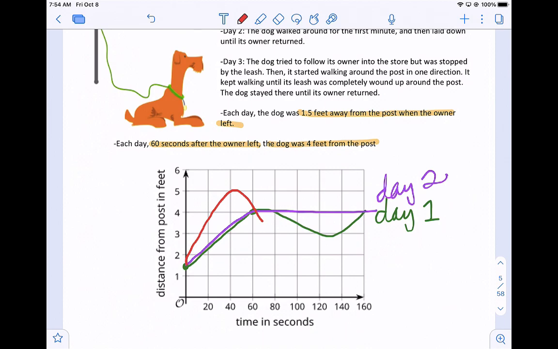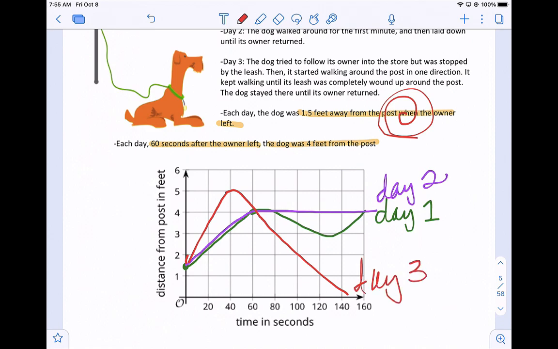So it's going to get closer. I imagine spiraling around the post. It'll get closer. I don't like this graph right here. So it goes up to 5 feet, then has to go closer and closer until it was completely wound up around the post. So, okay, there's 5 feet. So something like that, day 3.